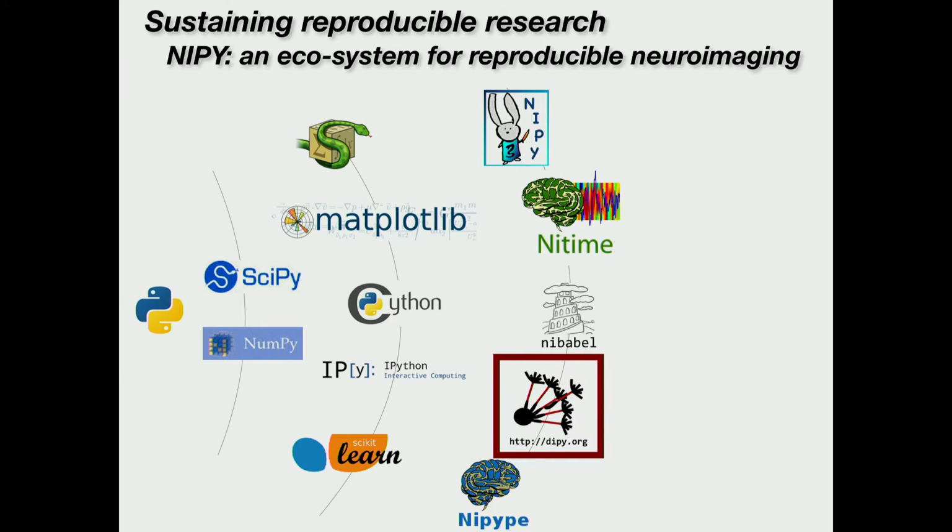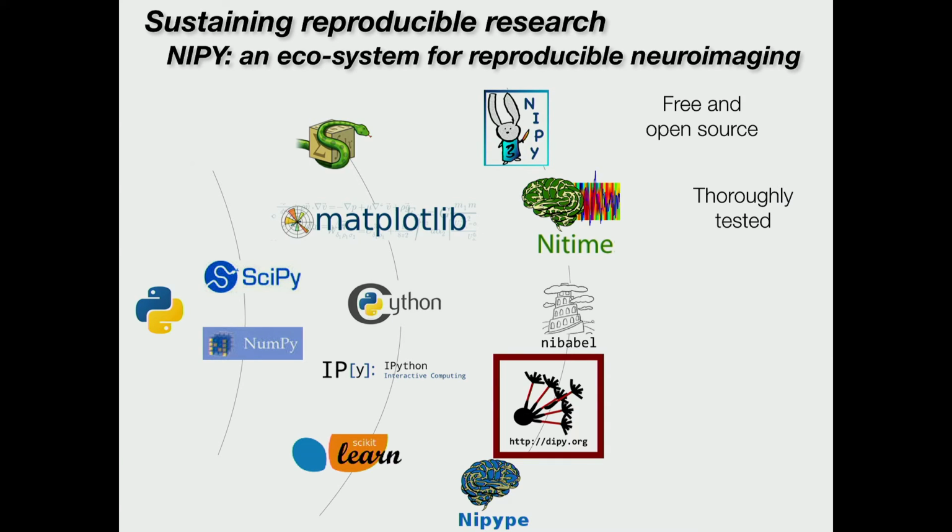And for this talk, it's particularly interesting to focus on this thing. Dipy, diffusion imaging in Python, is a particular part of that galaxy, which I'll talk about a little bit more now.